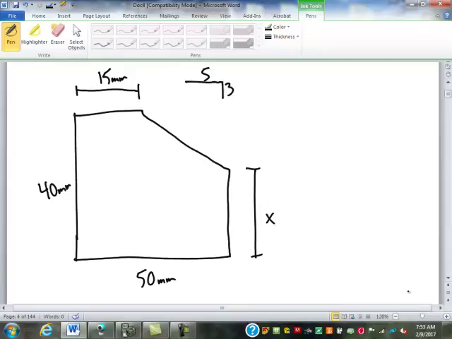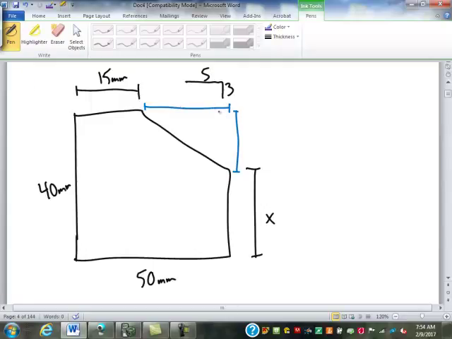Find X in this one quick. Okay, so for this one, we're dealing with this triangle here that I've outlined in blue.